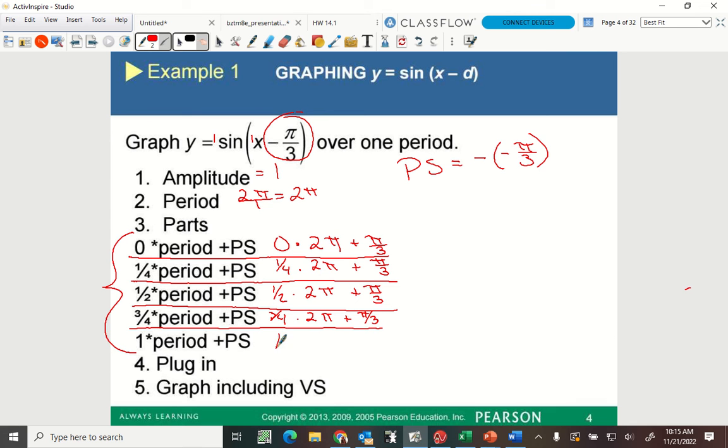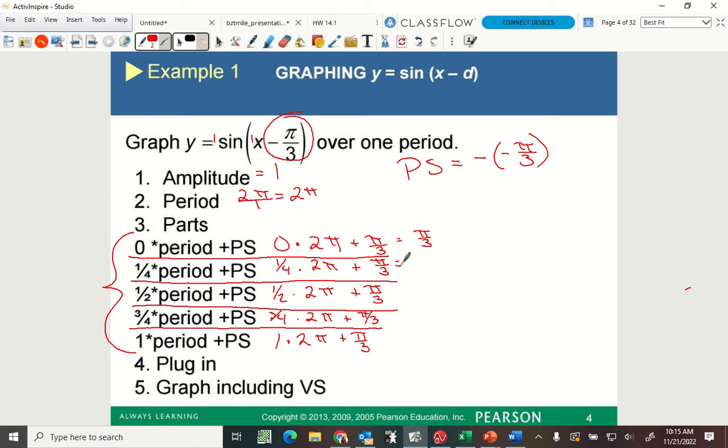And my last one is 1 times 2 pi plus pi over 3. Now, fractions are friends. They make life easier. My first one's going to be pretty easy. 0 times 2 pi is 0, plus pi over 3.